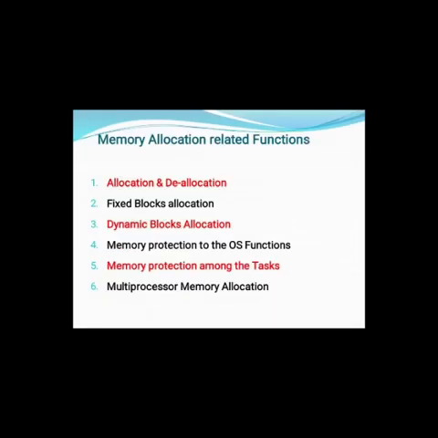Next, we will see the memory management functions in an operating system. They are allocation and deallocation, fixed block allocation, dynamic block allocation, memory protection to the operating system functions, memory protection among the tasks, and multiprocessor memory allocation.